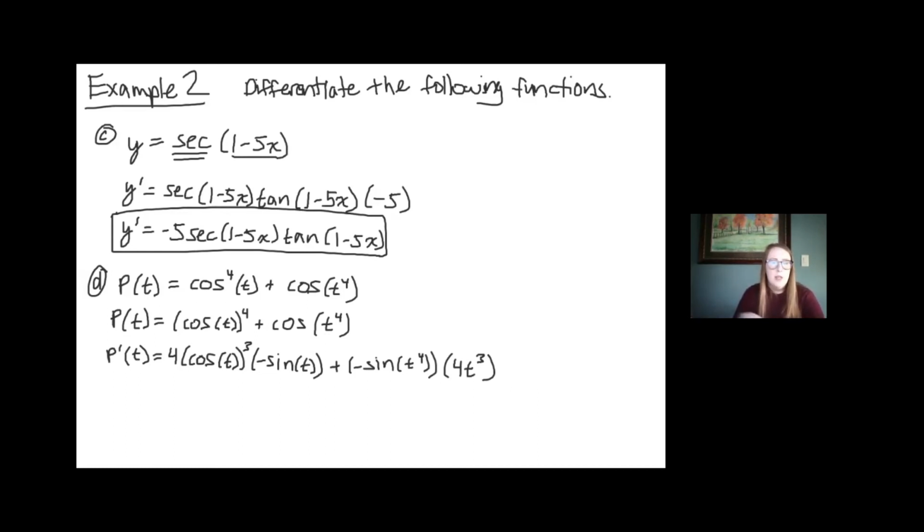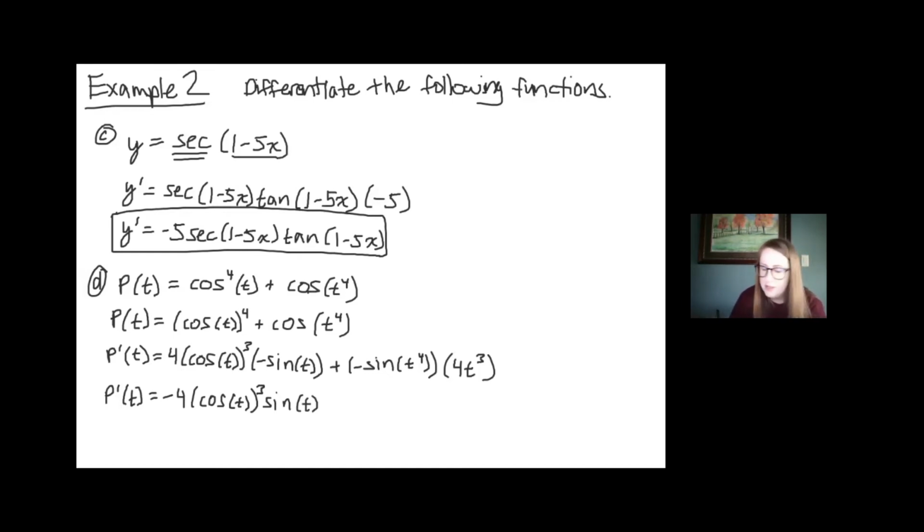Okay, so then just simplifying this, we have 3 things being multiplied together here, and one of them is negative. So that means the whole thing is going to end up being negative. So we can write this as negative 4 times cosine of t cubed times sine of t.